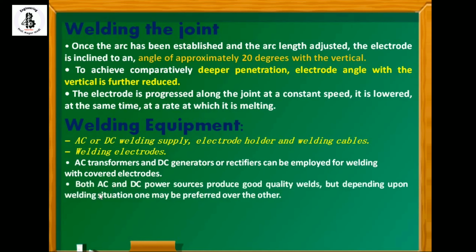Both AC and DC power sources produce a good quality weld, but depending upon welding situations, one may be preferred over the other. That basically depends upon the quality of the weld as well as how much penetration is required. The most commonly used power source for AC welding is a transformer.